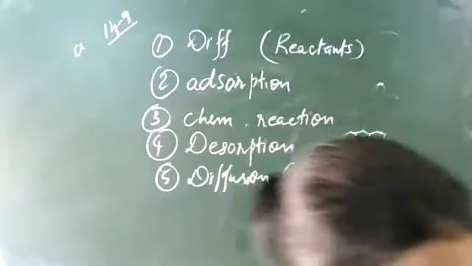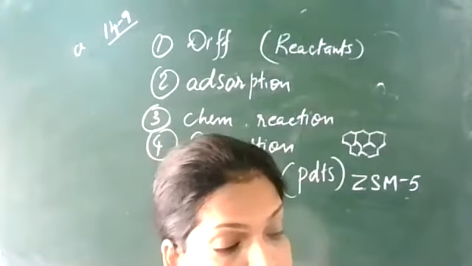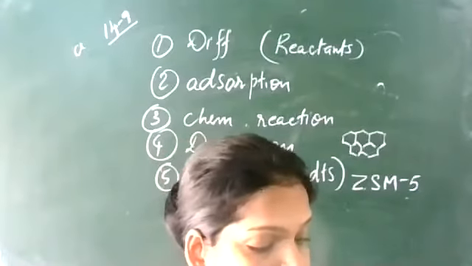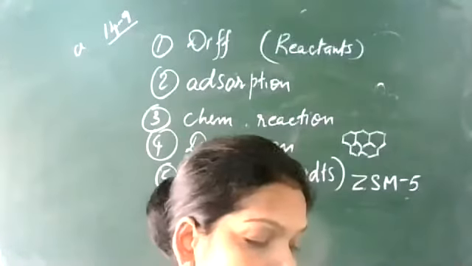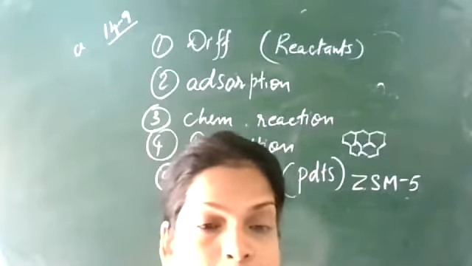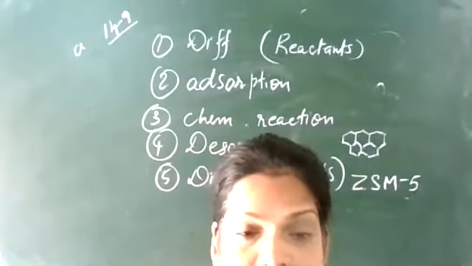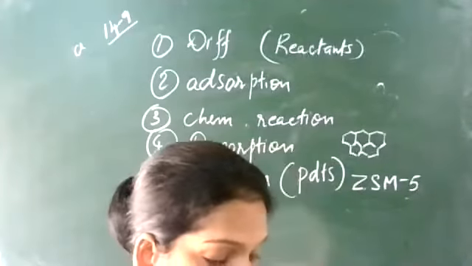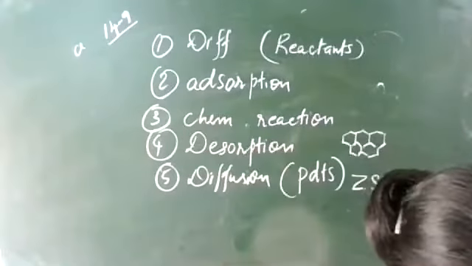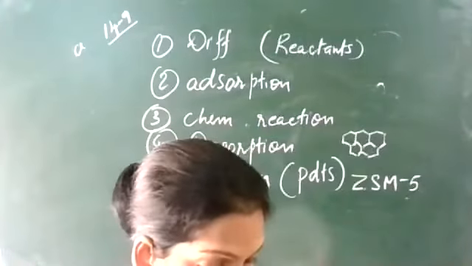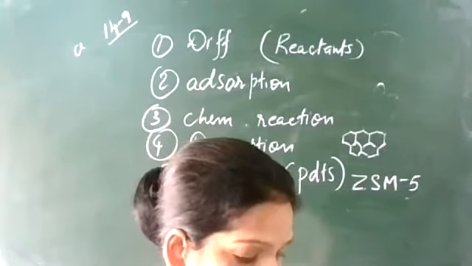So that is an example of shape selective catalysis: a catalytic reaction that depends upon the pore structure of the catalyst and the size and shape of the reactant and product molecules. Only that much is there for your analysis.